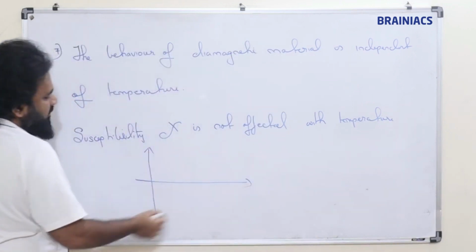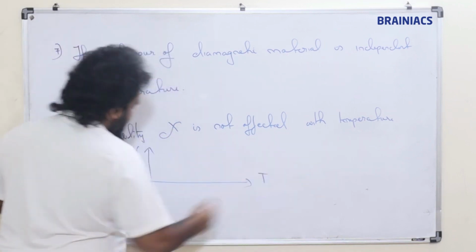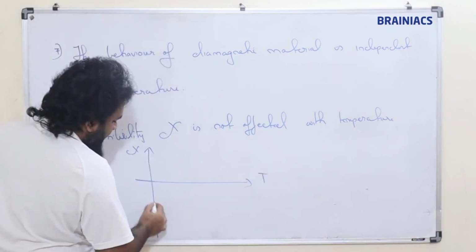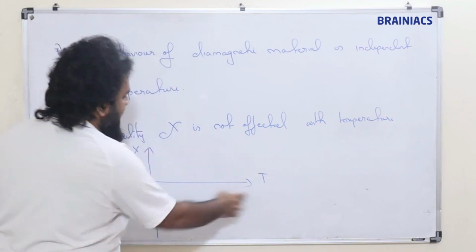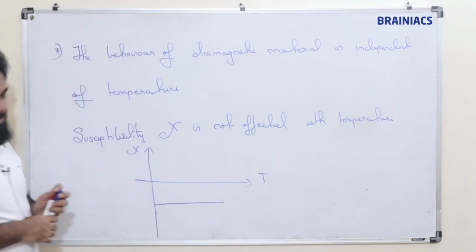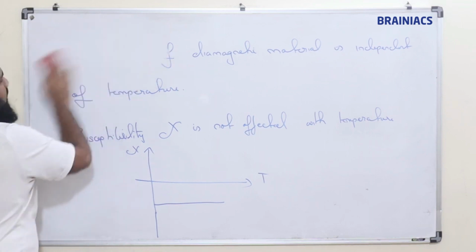And we know that the susceptibility value is negative also, so its negative value will be constant like this. This is the susceptibility and temperature curve for diamagnetic materials. Clear? Okay, done.